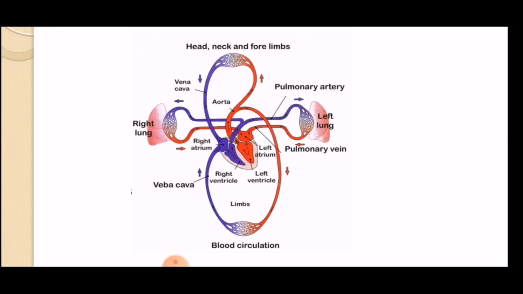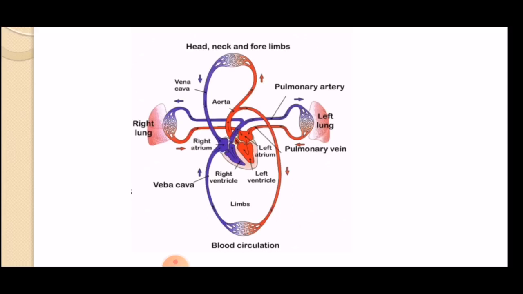Number 2, the right atrium contracts, so the blood flows into the right ventricle through a valve.